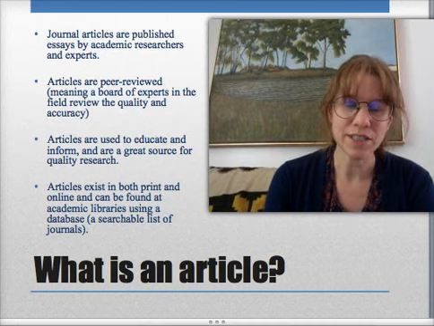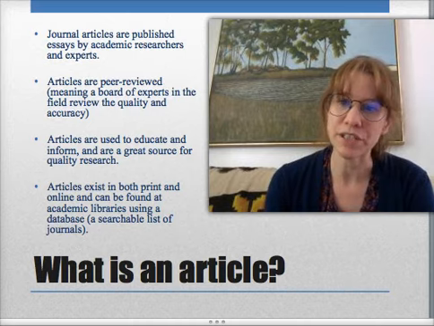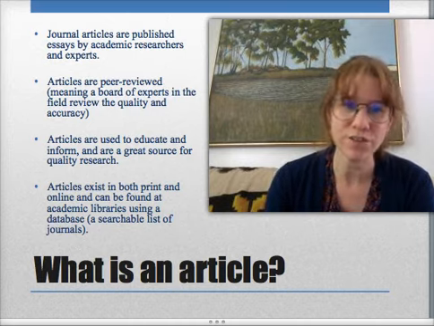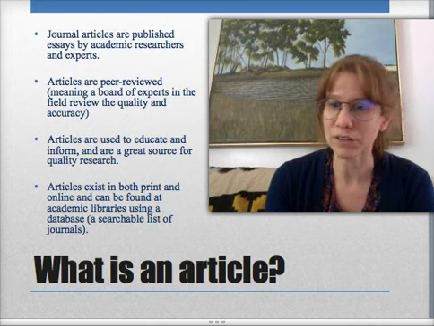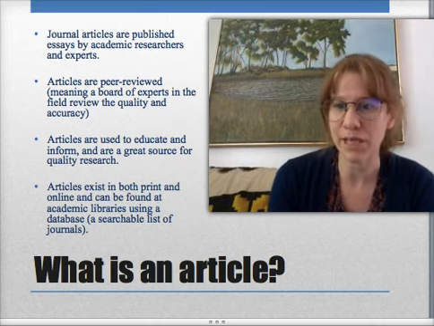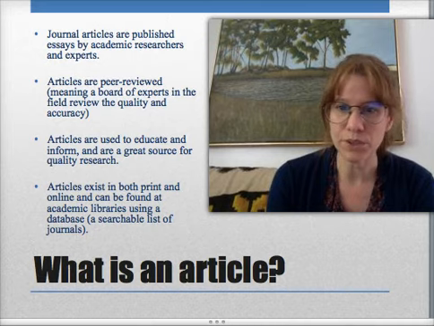Every professor that you've had, or scientific teams, they're publishing their findings in these journals. So that's where we as students learn, and where we can access the best information: from journal articles or published books.